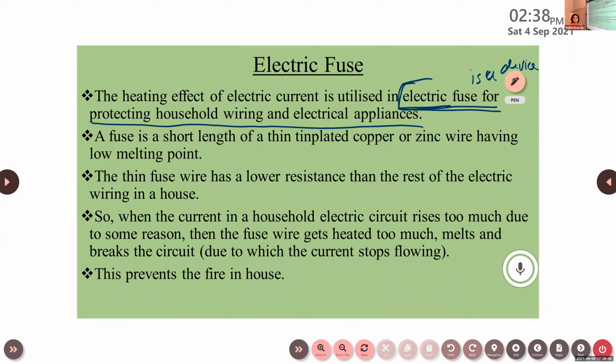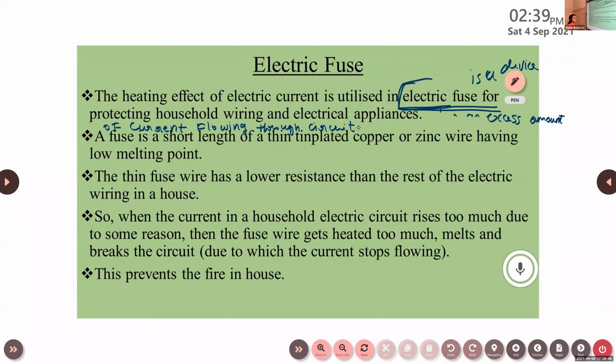When an excess amount of current is flowing through the circuit, the electric circuit.